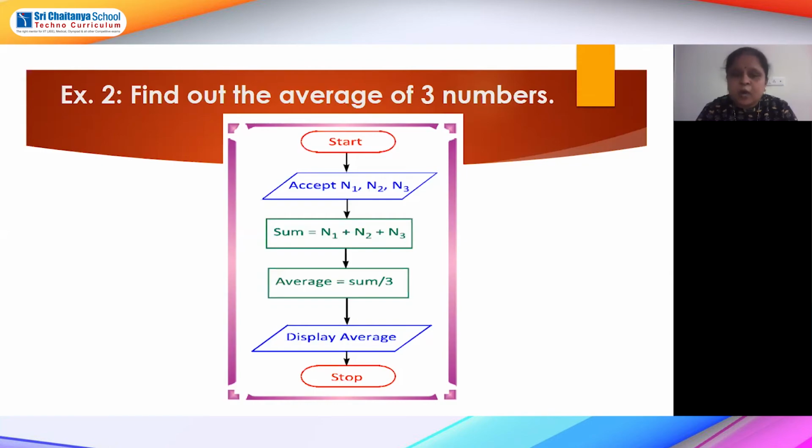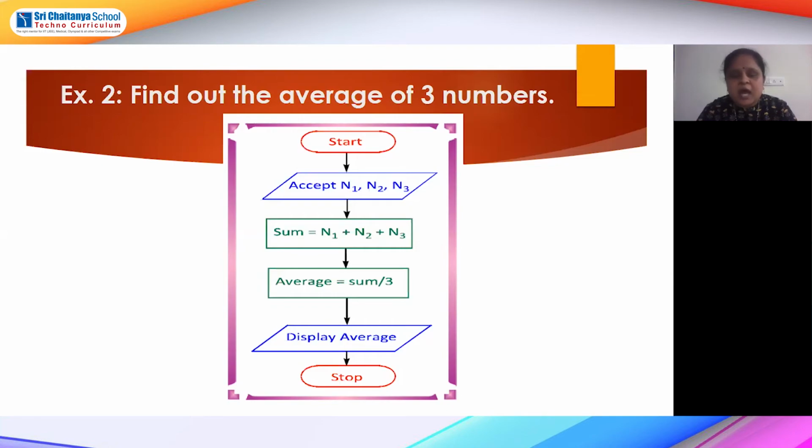Now sum is equal to n1 plus n2 plus n3. Here I am doing some process calculation, so see the symbol I am using. I am using the process symbol to write this step. So now I got the sum, but my problem is I have to find an average. So what should I do next?